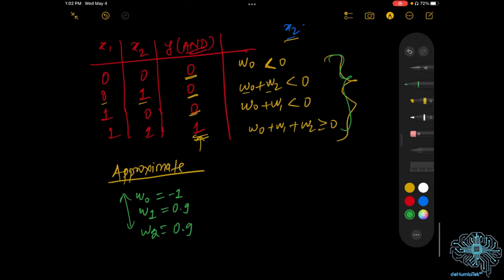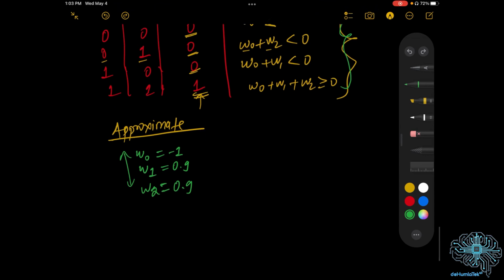One way to check whether these values meet the constraints is to substitute them in the expression. If the condition is met, that's fine. If it's violated, then these weights cannot be taken into account. I have already checked that, so everything meets the constraints, and we are good to go with it.